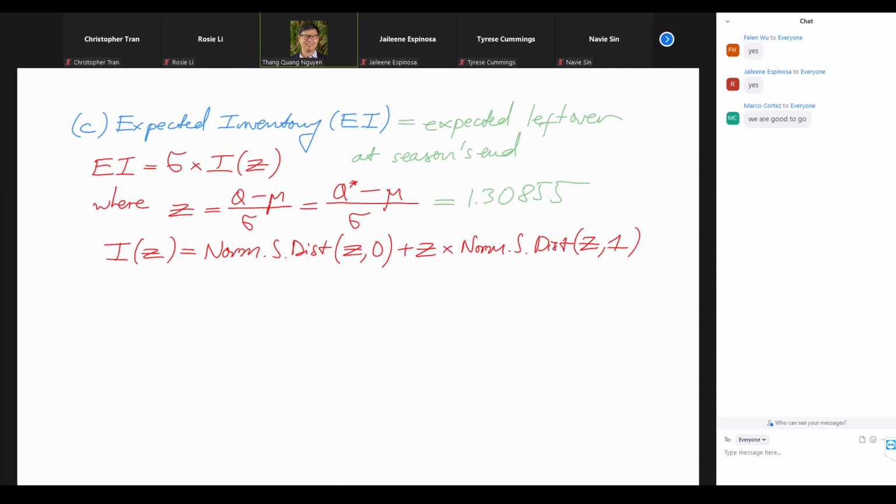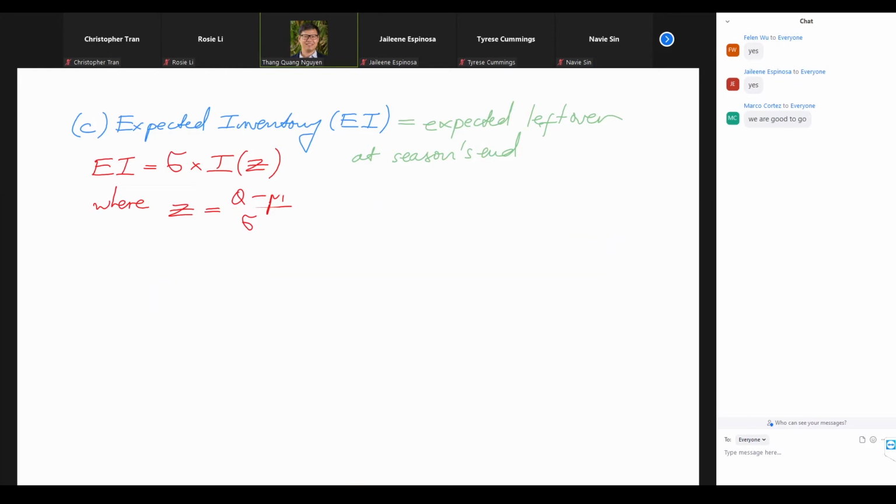So now let's put the exact numbers in. The IZ in this case is going to be NORM.S.DIST, where Z is 1.30855, comma 0. That's the first part of the equation. The second part is we take Z times NORM.S.DIST. Oh, I'm sorry, Z is a number now.